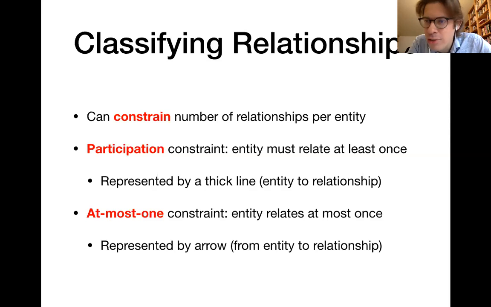And the at most one constraint essentially means that one entity can be related to at most one other entity in a binary relationship, or for instance, in a ternary relationship, it can be related to at most one combination of entities. So we represent participation constraints by very thick lines in the diagram, and at most one constraints are represented as arrows in the diagram.